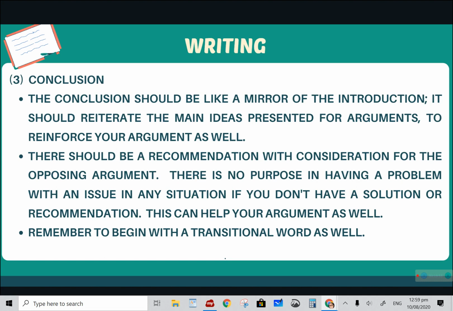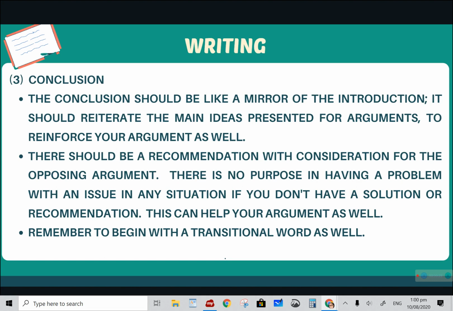Say supposedly a recommendation can be that the media devices used must be controlled by the school, owned by the school, monitored by the school, etc., so that students now would not be able to do any bad stuff on their phones, waste time in school, etc. So this is just an example of how you can proceed with making a recommendation.